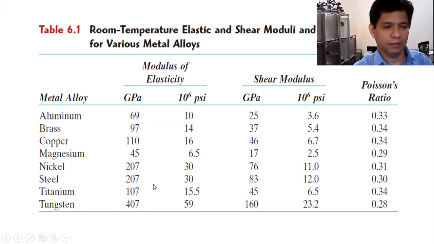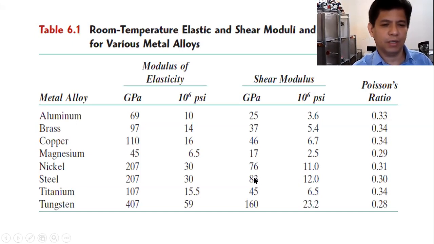Iron, marami talaga yan. And then ito yung shear modulus, G. So pag mataas ang G, resistant siya sa shear stress. So aluminum, brass, copper, and as you can see, steel pa rin yung ginagamit talaga sa sasakyan.